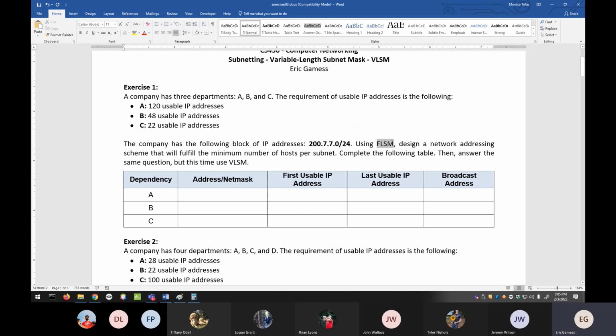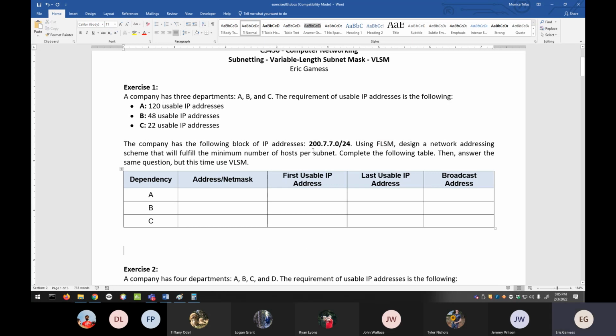Using fixed length subnet mask, what does it mean? You are going to create subnets of the same size. Okay? Design a network addressing scheme that will fulfill the requirement, which is the minimum number of hosts per subnet. Complete the following table. Okay, so let's see that. In this network that the company has, what is the total number of IP addresses that I have?